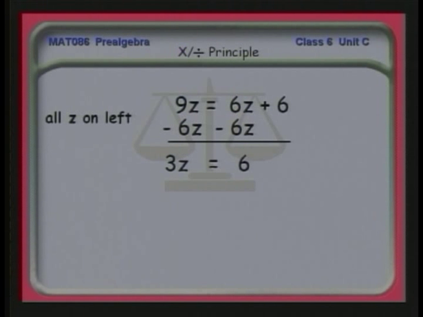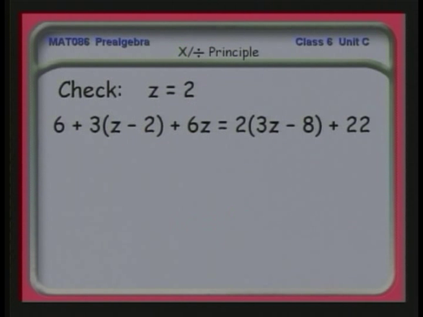Having done this, I see I have 3 times z is equal to 6, and I'm one step away from finishing. In order to get z by itself, since I have z multiplied by 3, I need to divide the 3z by 3, but if I do it on the left, I must also do it on the right. And I wind up with the solution to the equation that z is equal to 2.